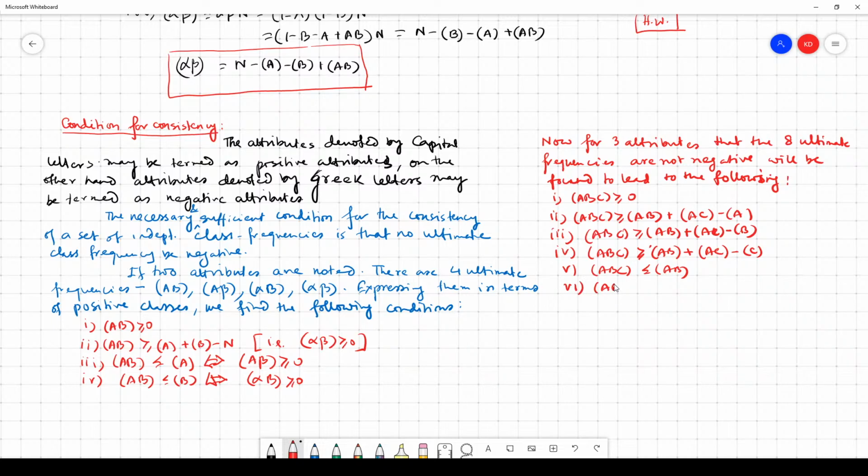Sixth, ABC less than or equal to AC. Seventh, ABC less than or equal to BC. Eighth, ABC less than or equal to N minus A minus B minus C plus AB plus BC plus AC.